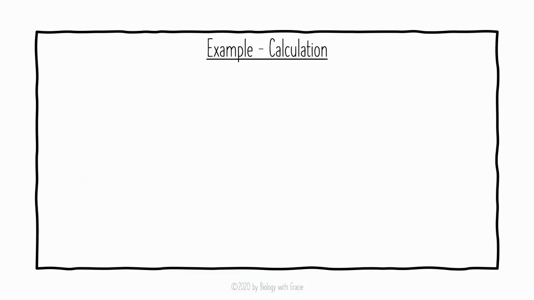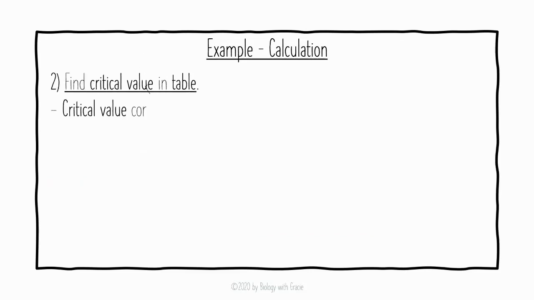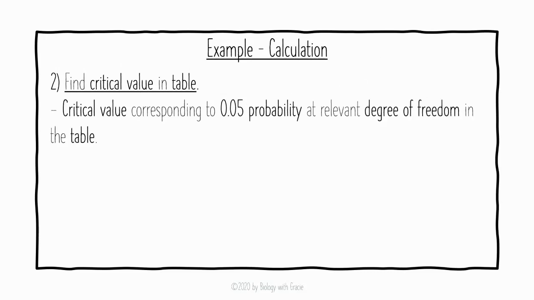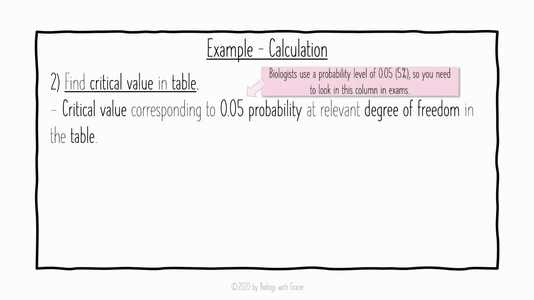We then need to find our critical value in the table. So the critical value, remember, we need to find is corresponding to a 0.05 probability at our relevant degree of freedom. So remember that biologists use a probability level of 0.05. So look in this column in your exam. So remember this value.